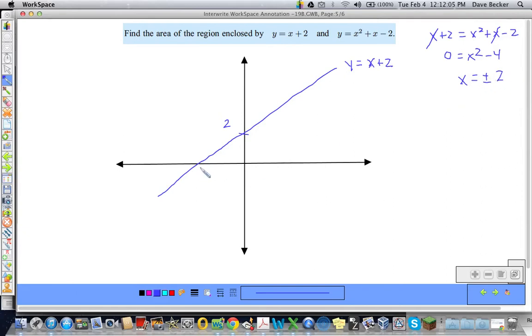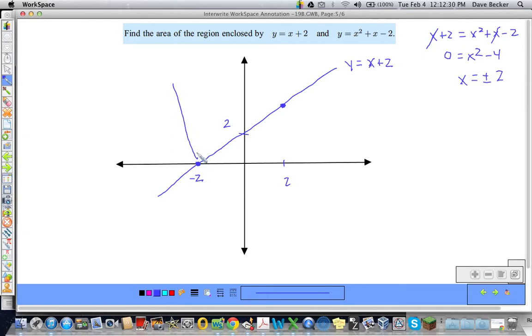Okay, that happens to be an x-intercept, doesn't it? So that's negative 2 right there, and by symmetry, that puts 2 about right there, which means that x squared plus x minus 2 intersects y equals x plus 2 right here. And from there, you can get a decent sketch of the parabola.